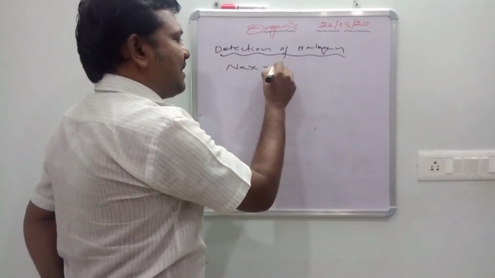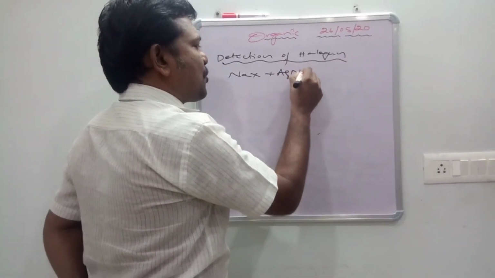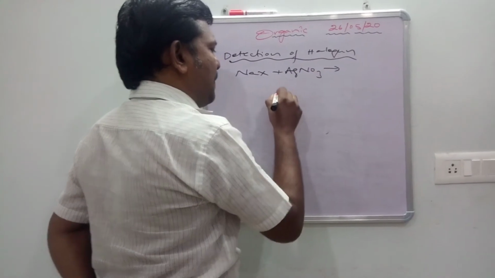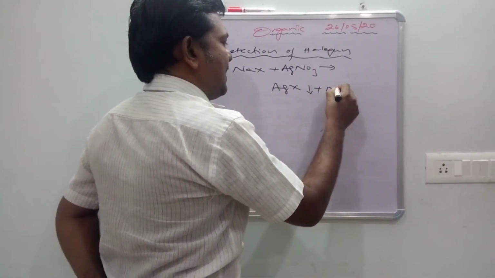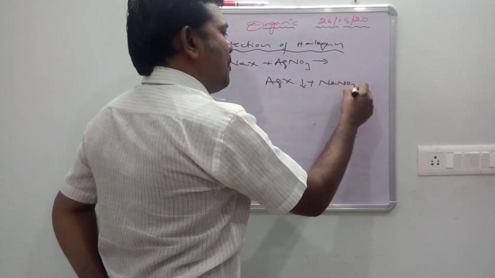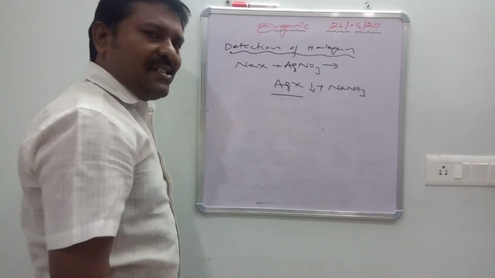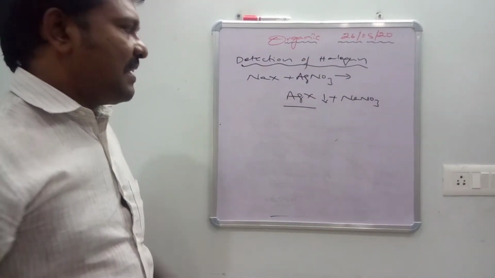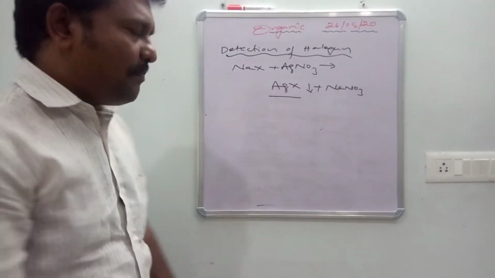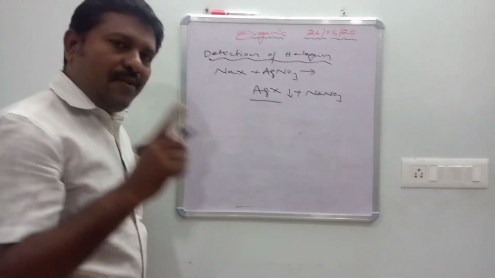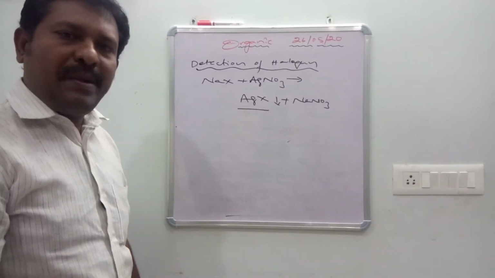It is treated with silver nitrate solution AgNO3. It gives the precipitate AgX and NaNO3. Formation of AgX indicates the presence of halogen. Here X means fluorine, chlorine, bromine, iodine.